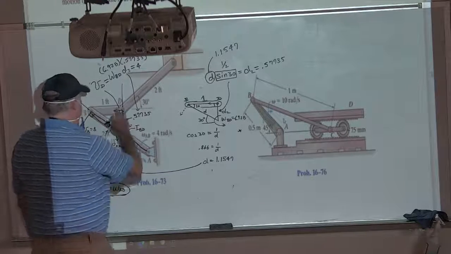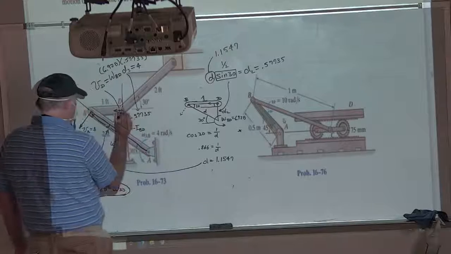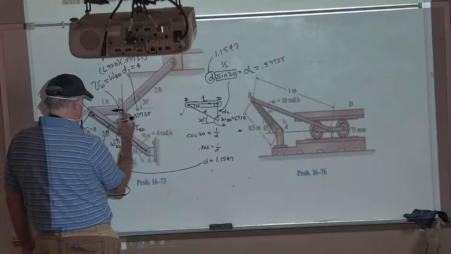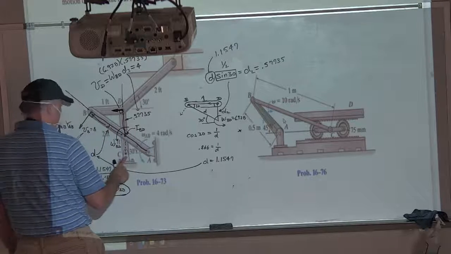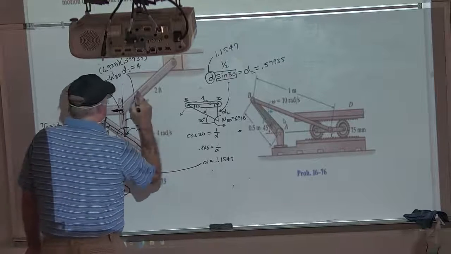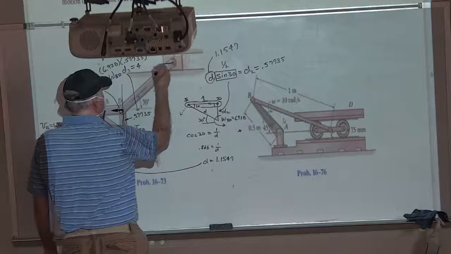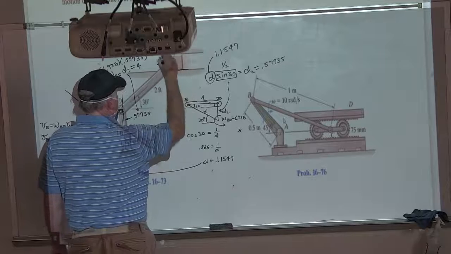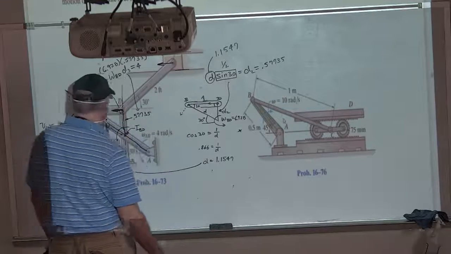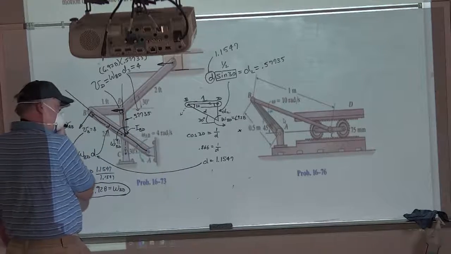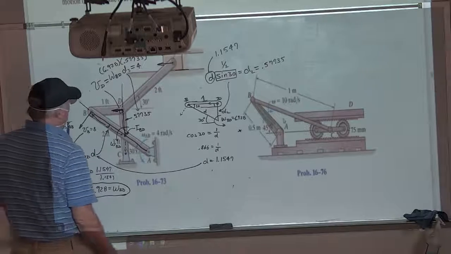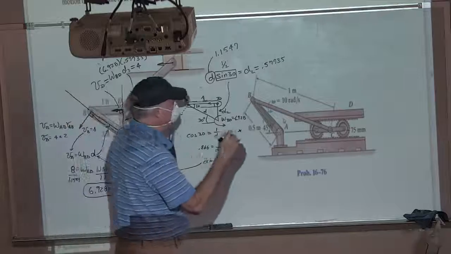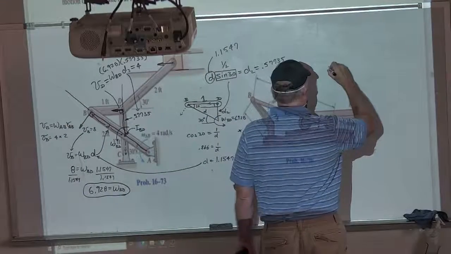What is interesting about this link is because the fact that this point must move directly to the left because it is attached to C, and because this one must move to the left because it's confined to sit in these 2 locations, then as a result, if you look at this and draw the instant centers, what you'll find is something interesting.